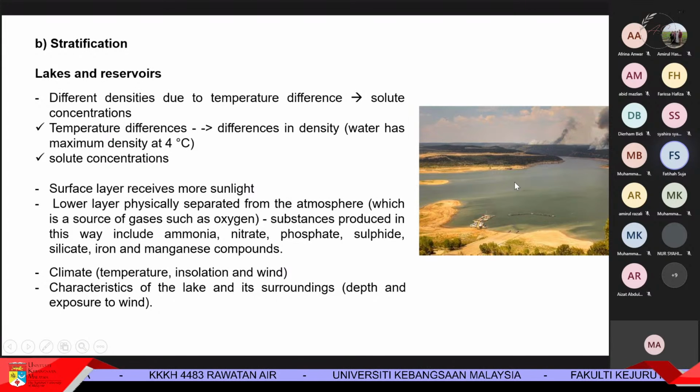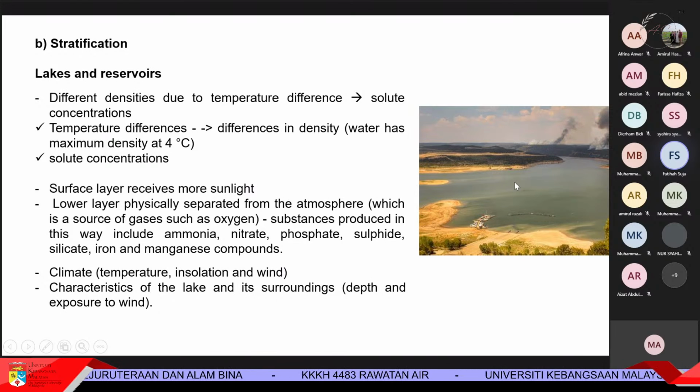And also, okay, then we look at this. This is stratification of lakes and rivers. This is thermal stratification. Just now we talked about thermal stratification also.